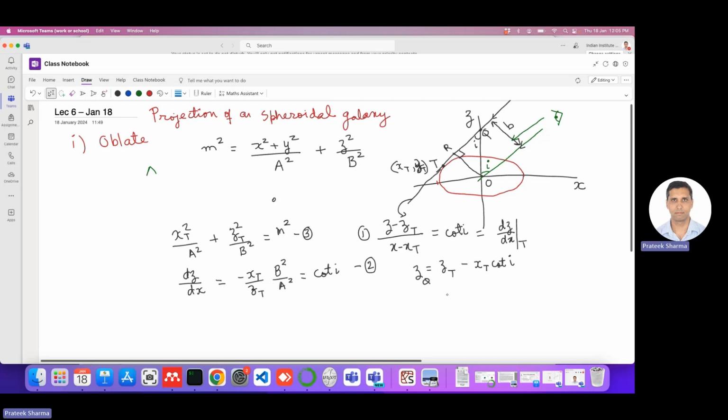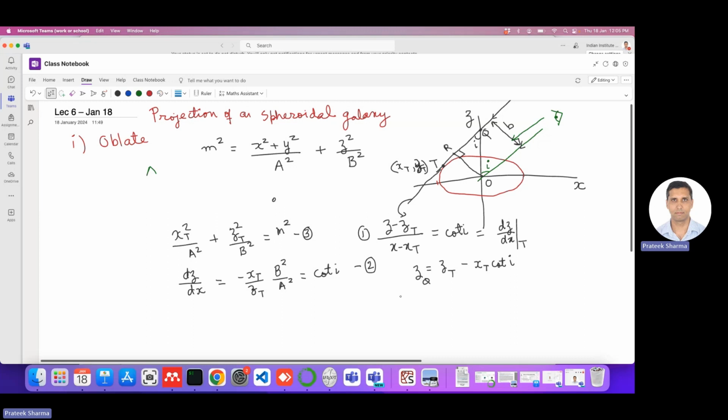From equations 2 and 3, we can solve for xt in terms of zt or vice versa.